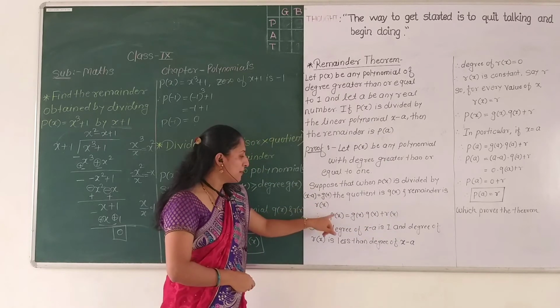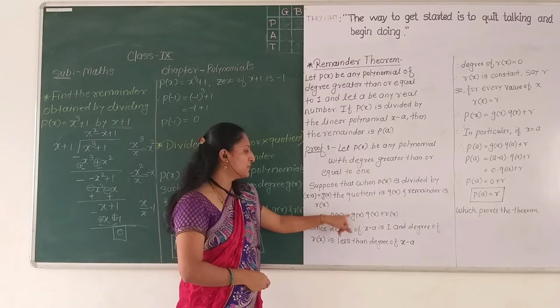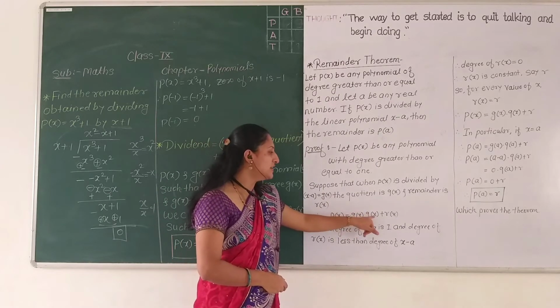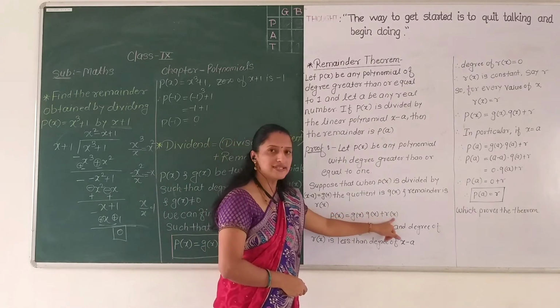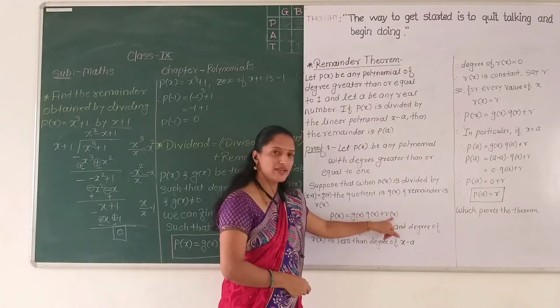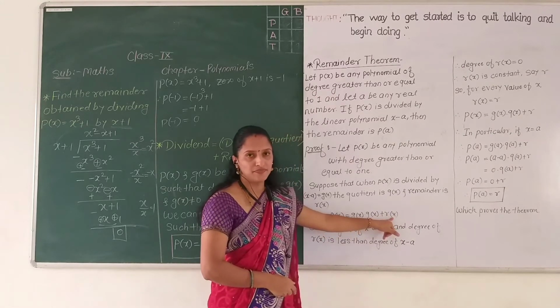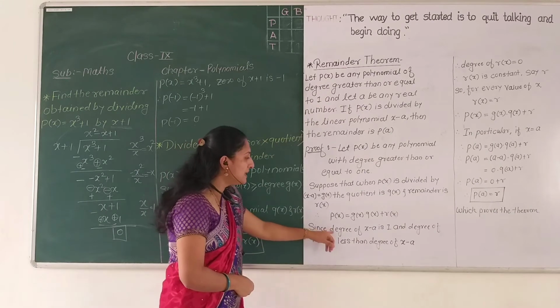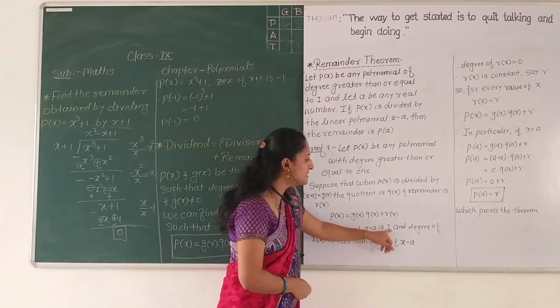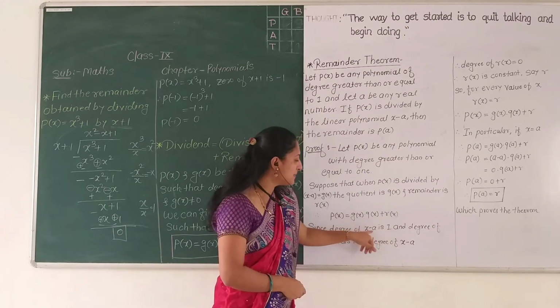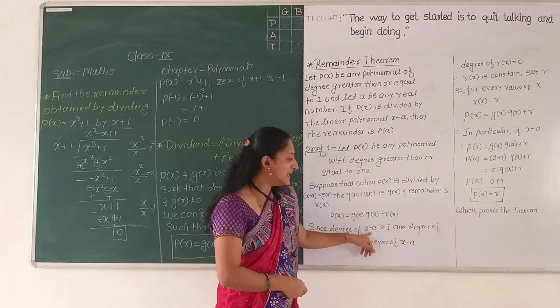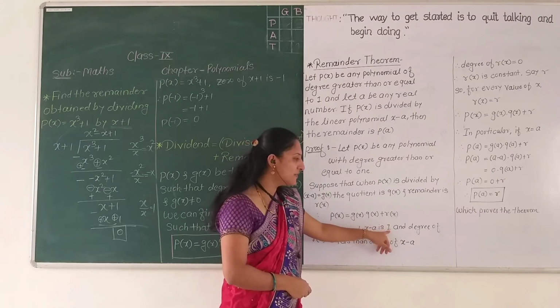That is P of x is equal to g of x into q of x plus r of x. Here r of x is the remainder. But the degree of x minus a is 1. x minus a is the divisor and the degree of the divisor is 1.